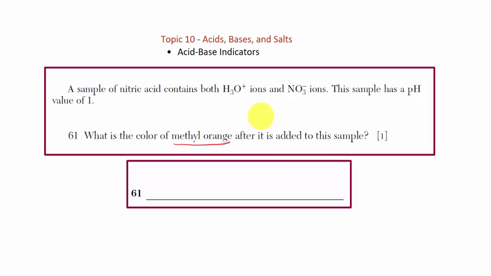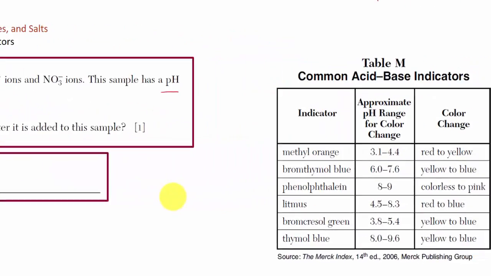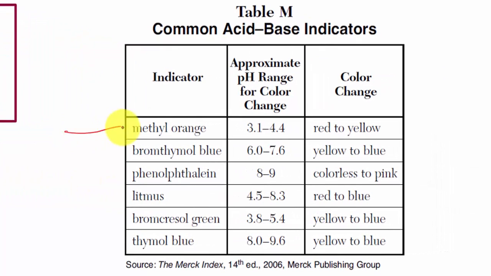And question 61, what is the color of methyl orange after it is added to this sample? Now, they don't tell you where to look, but you need to be aware that there is a table in your reference table. It's called Table M, which gives you the color coding associated with pH values for various indicators, methyl orange being one of those indicators. So what we need to do to answer this question is to look up the pH value, which in this case is the number 1, on Table M. So for methyl orange, if the pH is 1, you can see the color range indicated here is 3.1 to 4.4.